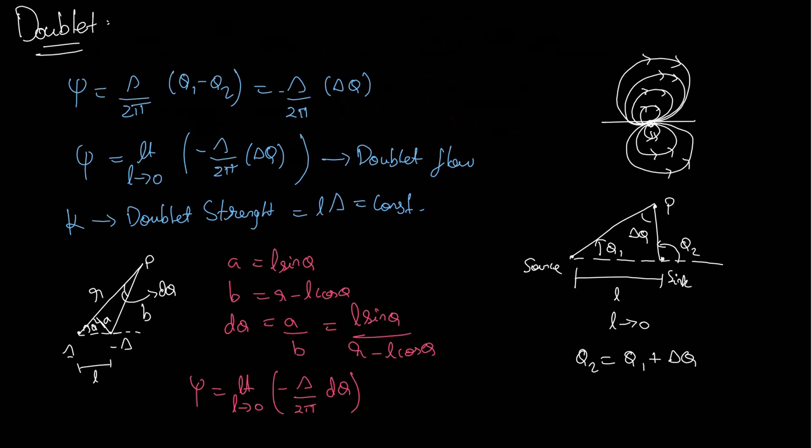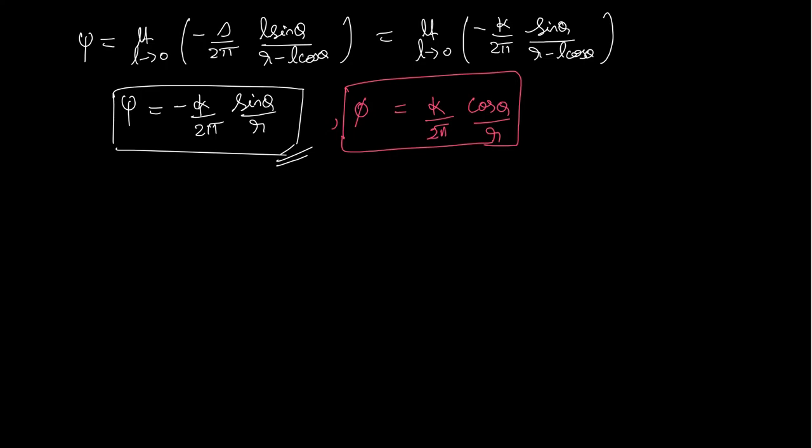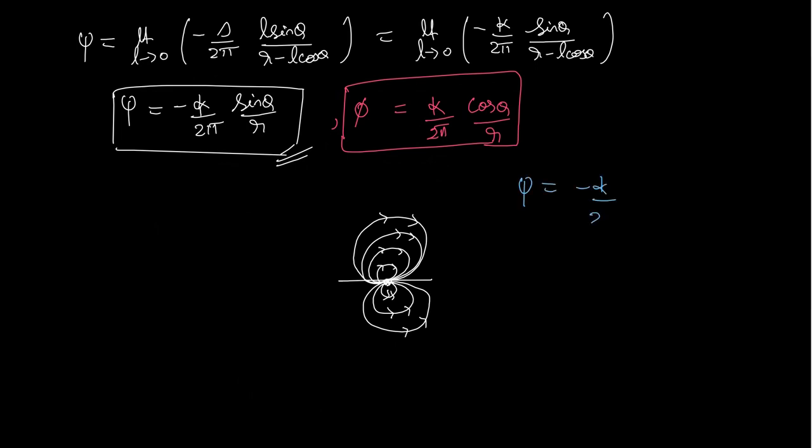Before we get into our next topic, which is non-lifting flow over a cylinder, I'll quickly give you a thing here. This is the doublet flow that we were analyzing so far, and there is one crux here. Suppose I have my psi to be minus kappa by 2 pi into sin theta by R. To get a streamline, the stream function is constant, is what gives a streamline equation.